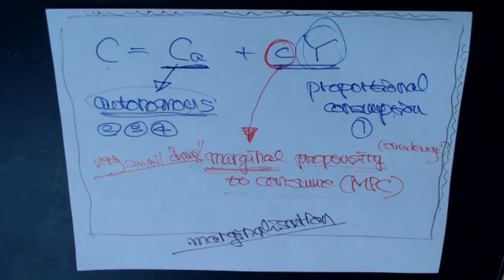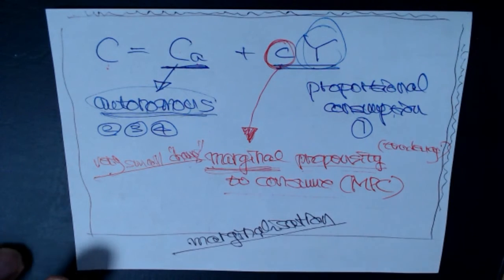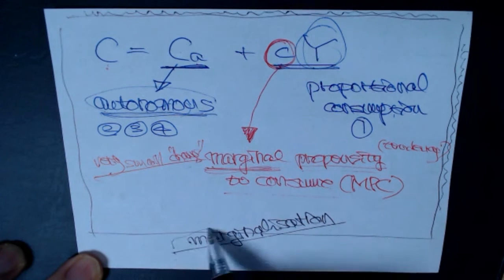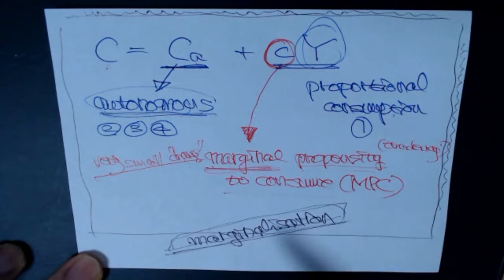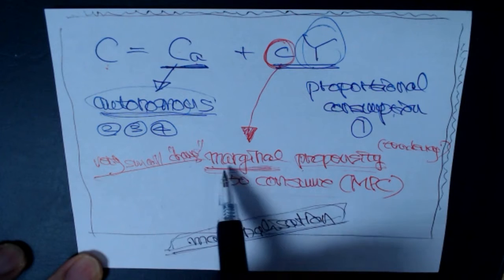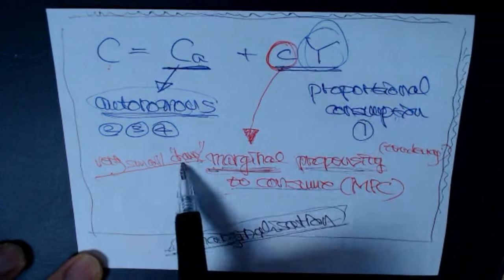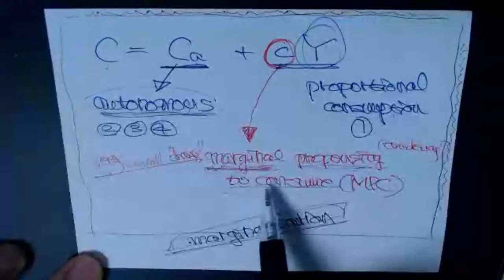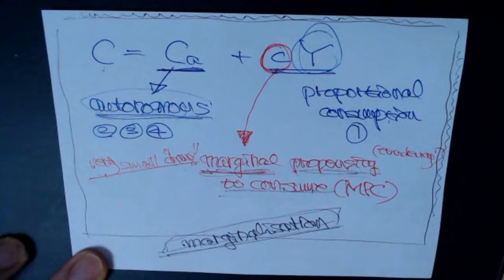For some people who don't have the orthodox sexual relationship, like gay, lesbian, they talk about being marginalized by society. So marginalization has the meaning of being pushed to the edge. So the marginal propensity to consume tells us a very small amount of change in the tendency to consume. That's the meaning of marginal propensity to consume.